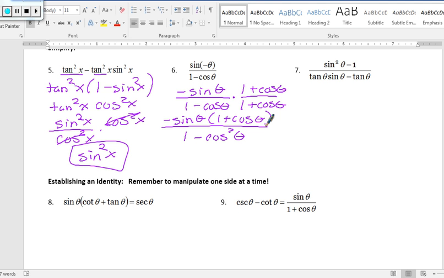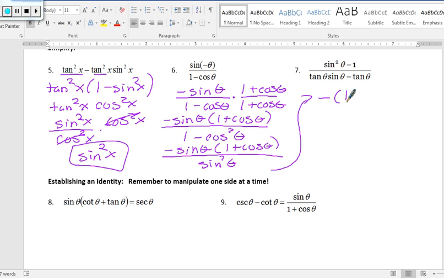So I know 1 minus cosine squared theta is the same thing as sine squared theta. So I can definitely, at this point, go ahead and eliminate one of these. So I'm just going to move this over to the side here. So now I'm going to have minus 1 plus cosine theta over just sine theta.